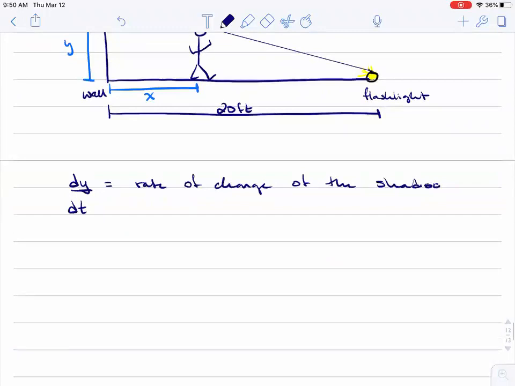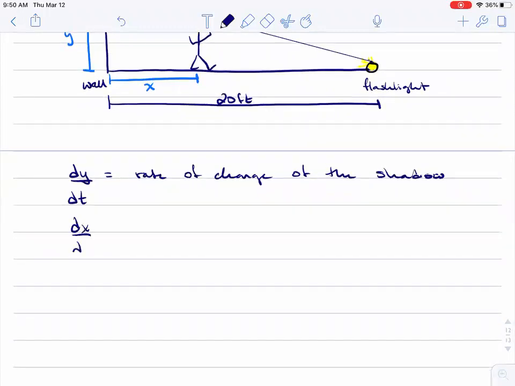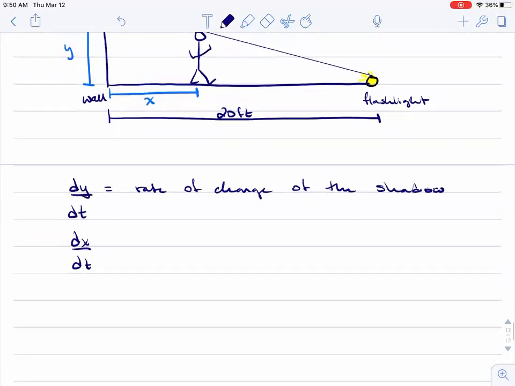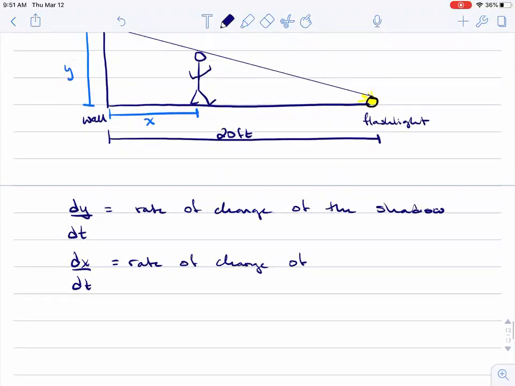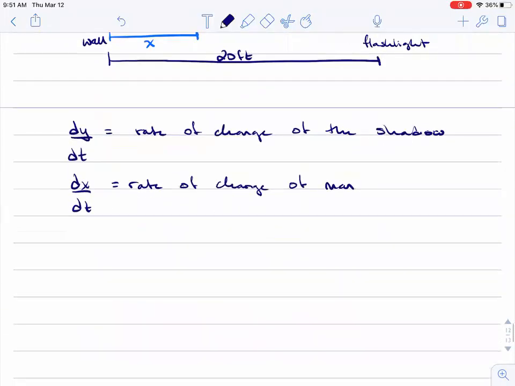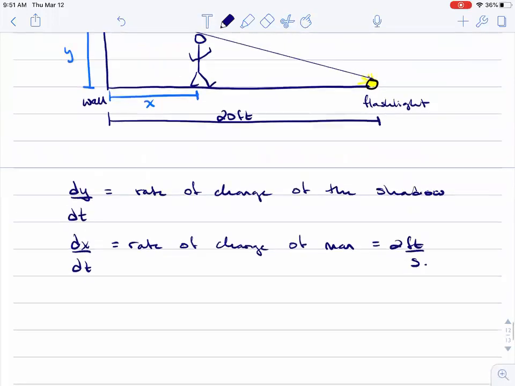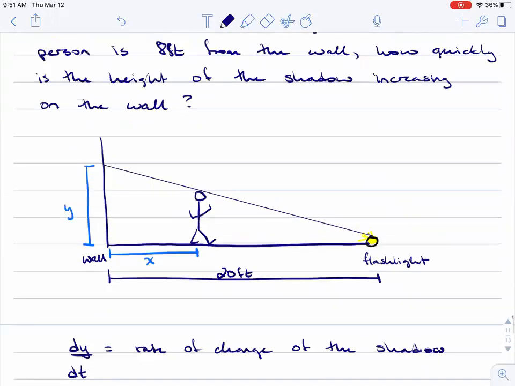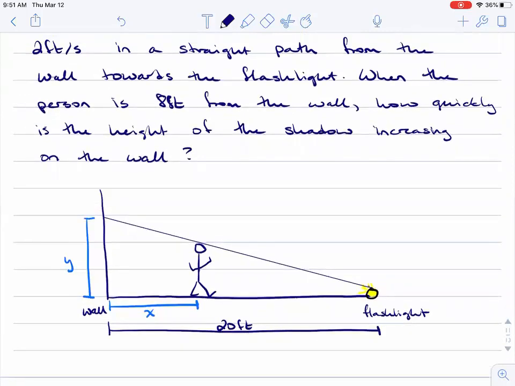And then dx dt, so related rates will always be in terms of time, right? Because he's moving in time. dx dt is the rate of change of the man, which is 2 feet per second. So we know dx dt, and we want to find dy dt, right? How quickly is the height of the shadow increasing on the wall when x equals 8?